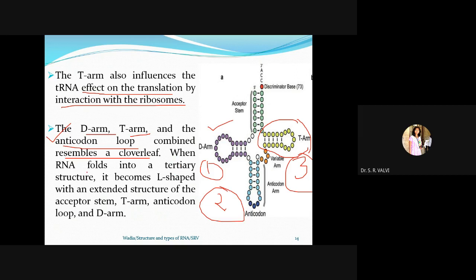So when the RNA folds, this is 2D, two dimensional, right? When this same tRNA folds into a tertiary structure, it becomes L shape. In my previous slide I have given you the L shape made by that particular tRNA, with the extended structure of acceptor stem, T arm, anticodon loop and D arm.